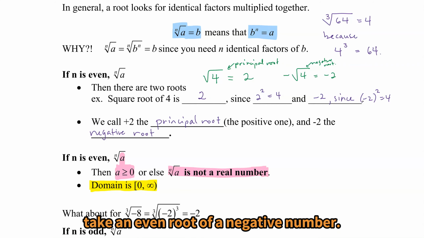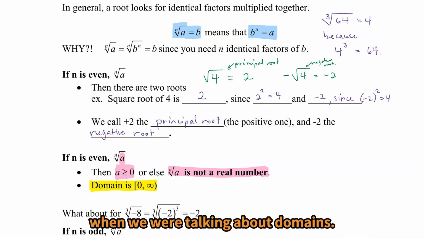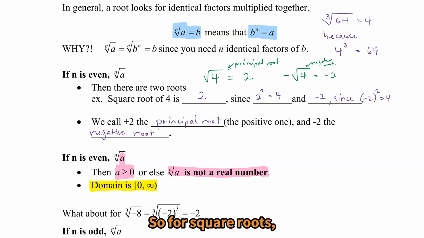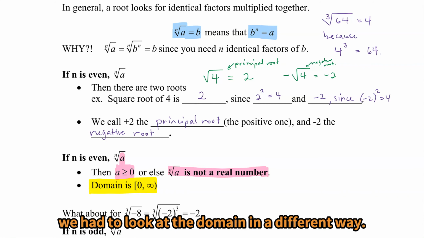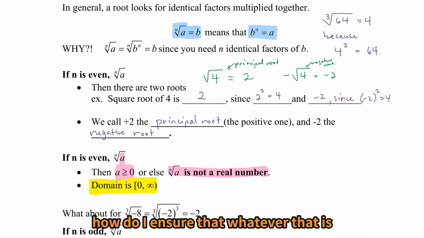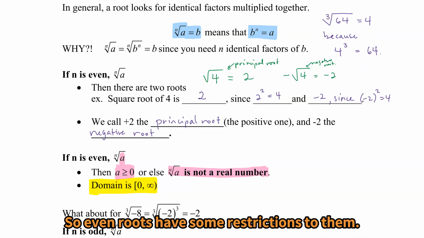We're not allowed to take an even root of a negative number. We talked a little bit about this in the functions chapter when we were talking about domains. We cannot take a square root of a negative number, so for square roots, we had to look at the domain in a different way. Underneath the radical, how do I ensure that whatever that is greater than or equal to 0? So even roots have some restrictions to them.